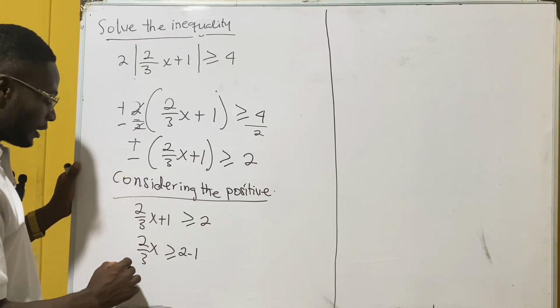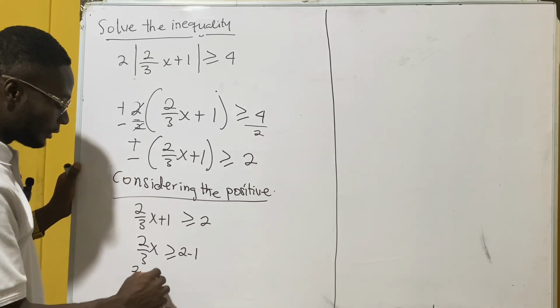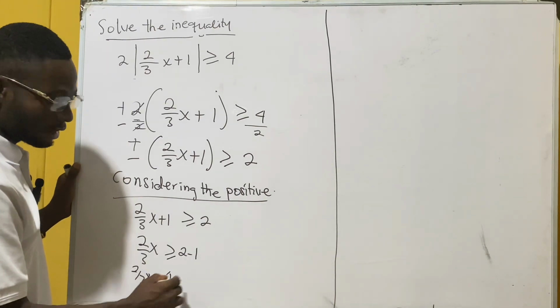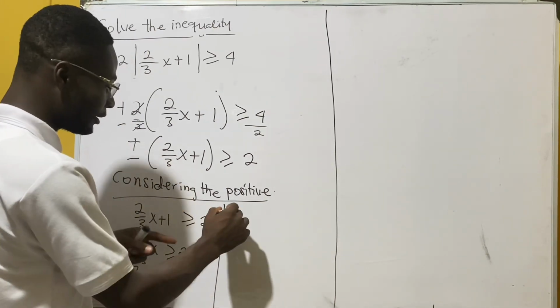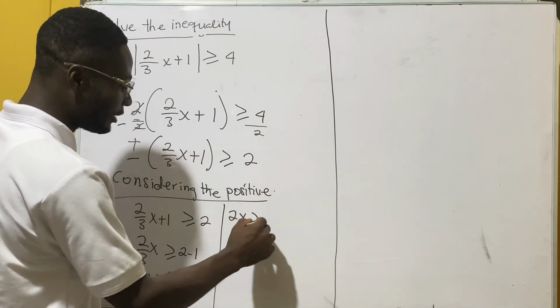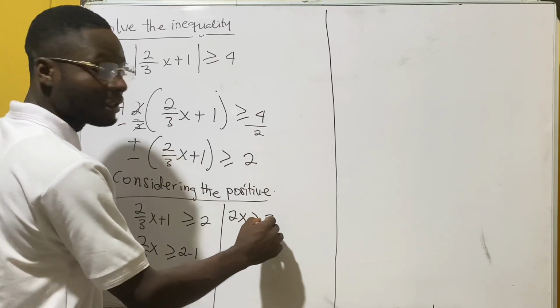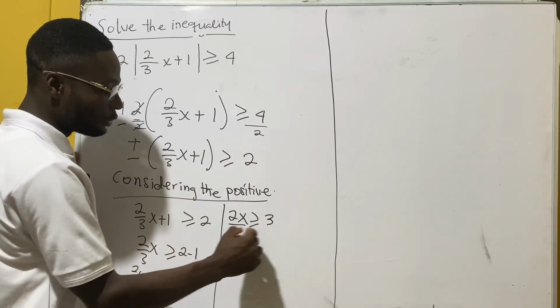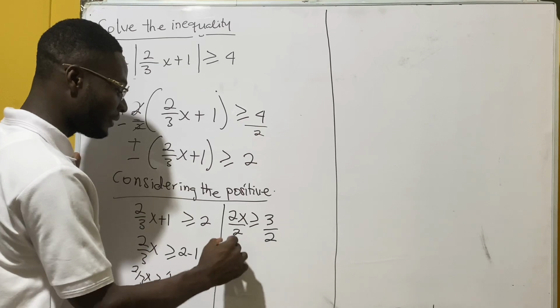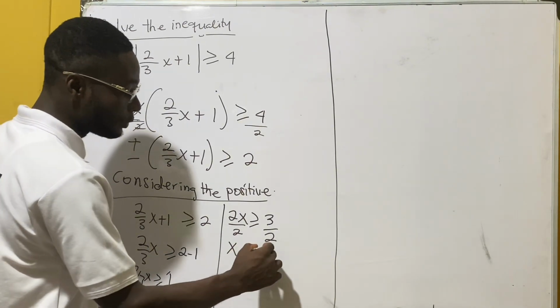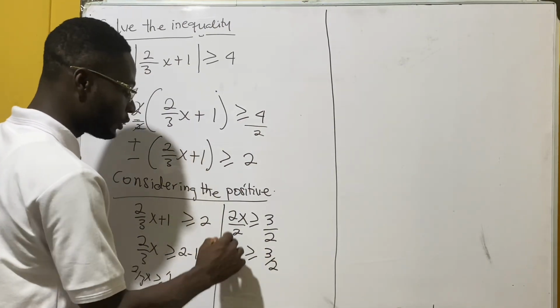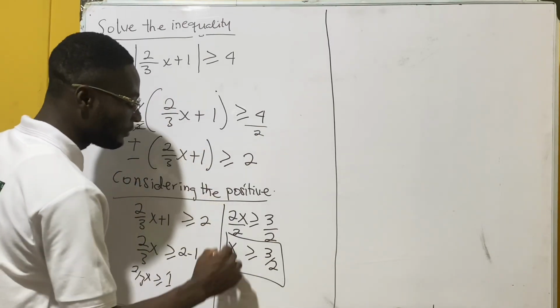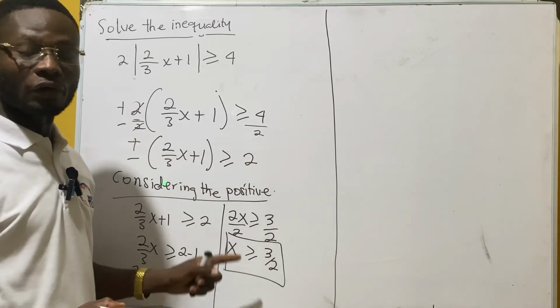So we have 2 on 3x greater than or equal to 1. Here we can see that 2x is greater than or equal to 3. So when we divide by 2, we have x greater than or equal to 3 on 2. So our first value for x is 3 on 2.